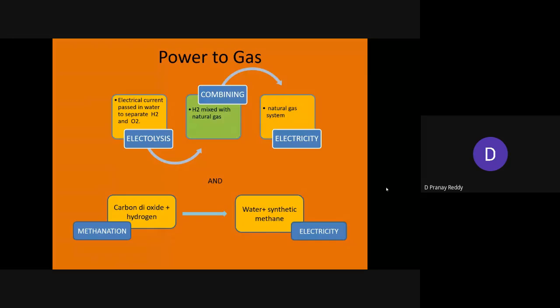One is a method where the electrical current passes in water to separate H2 and O2 by the process of electrolysis. Then H2 is mixed with natural gas, and the natural gas system produces the electricity. The other method is where carbon dioxide plus hydrogen is added, and the process is known as methanation, and that is converted to water plus synthetic methane, which produces electricity.